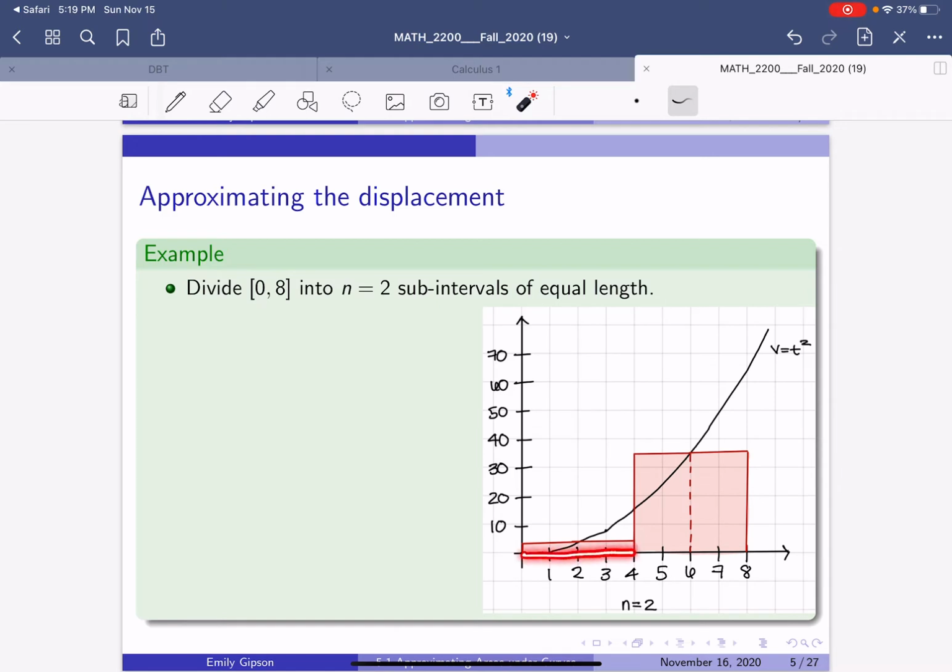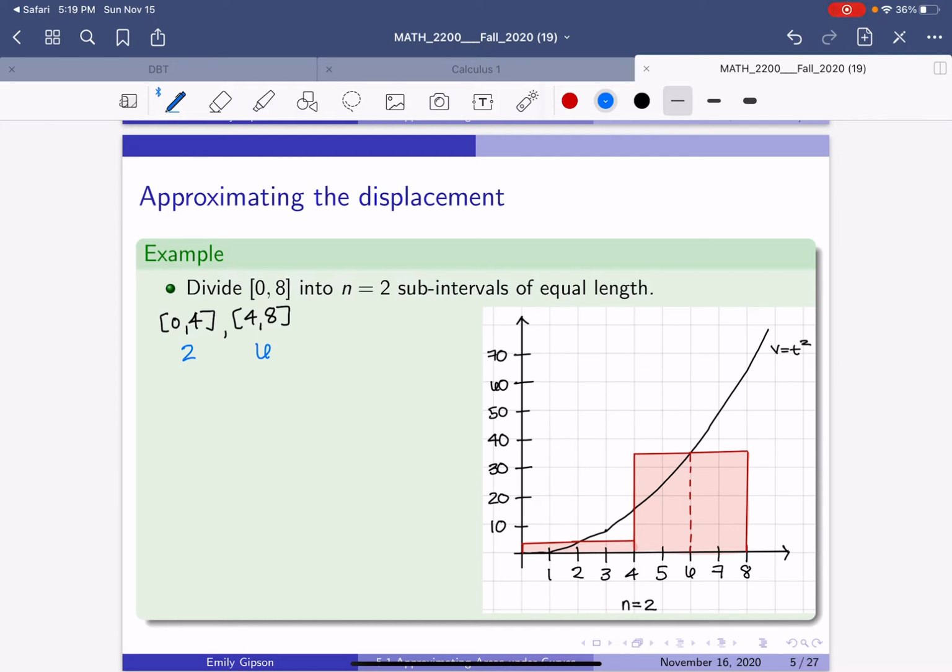So it looks something like this: 1 interval, 2 intervals, and we're going for the midpoint. So the midpoint of 0 to 4 is 2, and then we have 4 to 8. My midpoint here is 2, and my midpoint here is 6. So what I'm going to do is calculate the height and the width of this rectangle. I already know that my width is 4, but I want to know the height, and we said the height is going to happen at the midpoint.